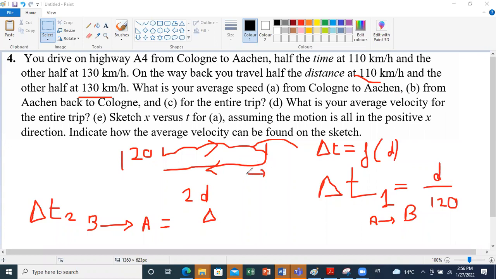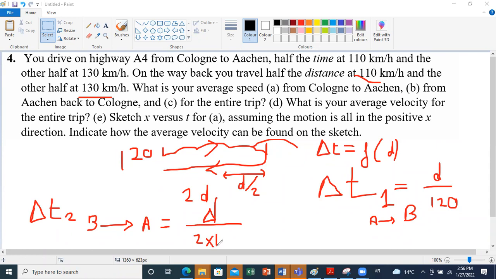We said that for the first half of the distance d, we moved at a speed of 110. So for the first part of going back from B to A, the time needed was d over 2 times 110.